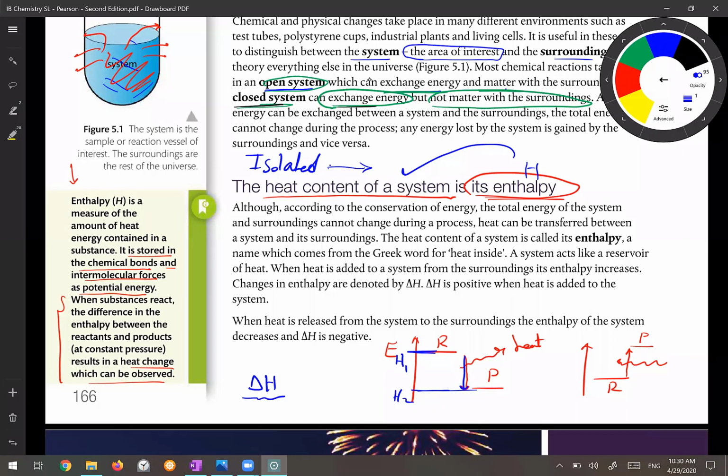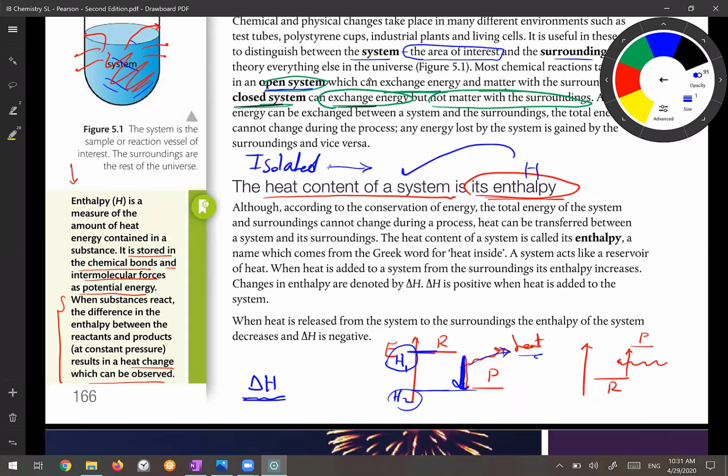It's very difficult to identify what H1 and H2 are, but the difference between them is easy to understand because it transfers heat to the surroundings and the temperature changes. If you measure how much the temperature of the surroundings has changed, you can know how much heat is transferred to the surroundings. It means this difference between the reactants and products. So what we are measuring is the delta H of the system.